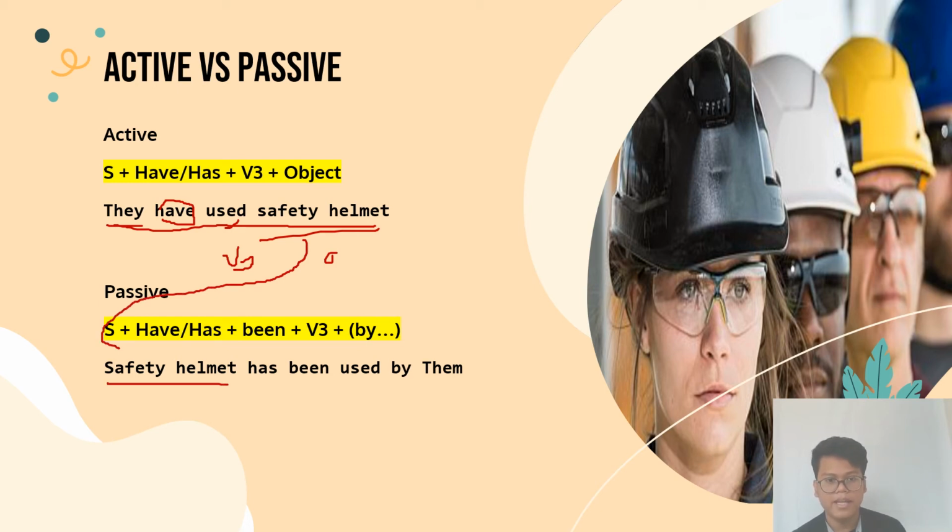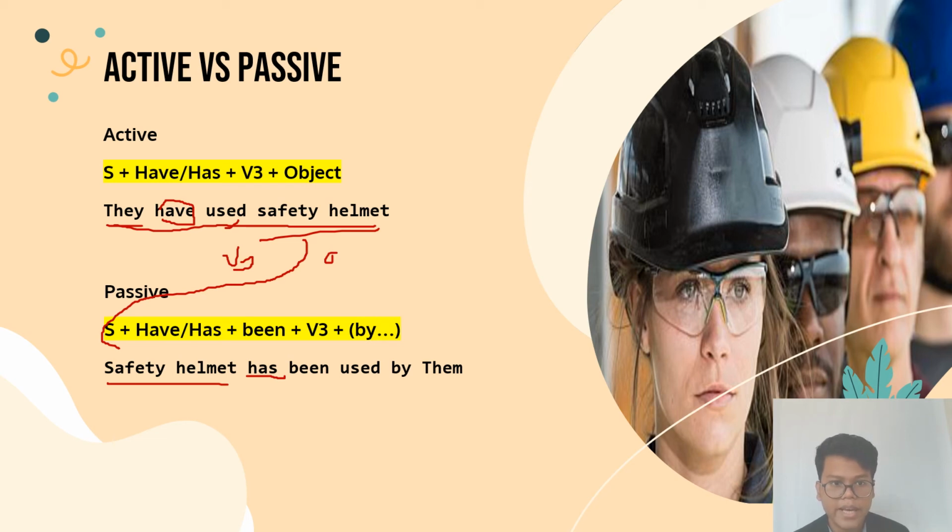Have changes to has. Why? Because safety helmet is singular. We must use has plus been. Oh yeah, I forgot the been. Don't forget to use been for passive voice. Been is a constant of the passive sentence formula for the present perfect tense.